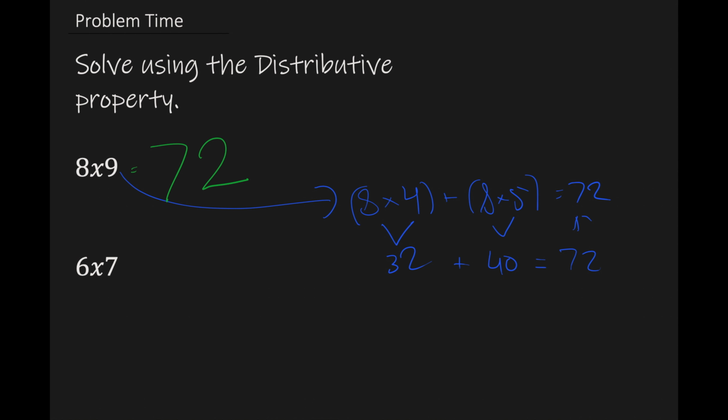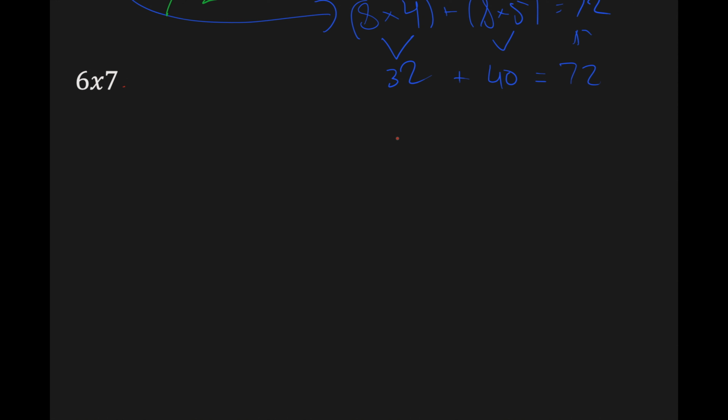Now we have 6 times 7. Let's write that down here. Let's do 3. 6 times 3 plus 6 times 4. 6 times 3 is 18, and 6 times 4 is 24.